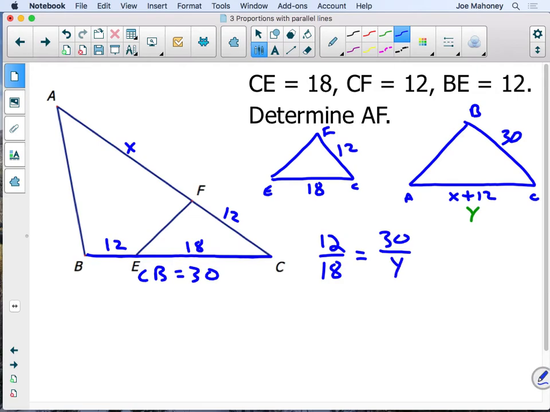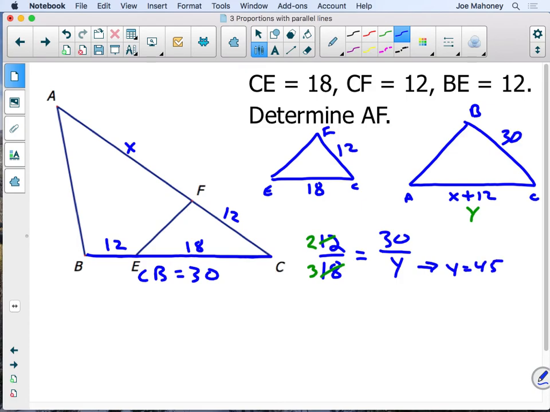So now when I solve this equation, oh, look at this. 12 over 18, isn't that 2/3? So if this is really 2/3, then this has got to be 2/3. So that means that if I divide the top by 2, I get 15, and then 15 times 3, so y is going to be 45.